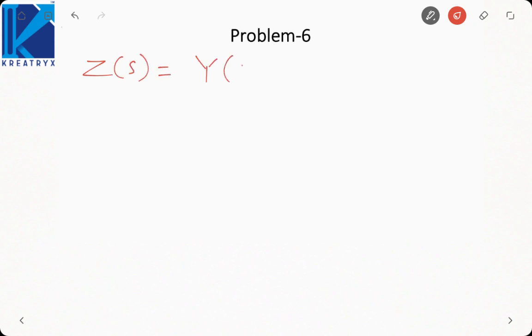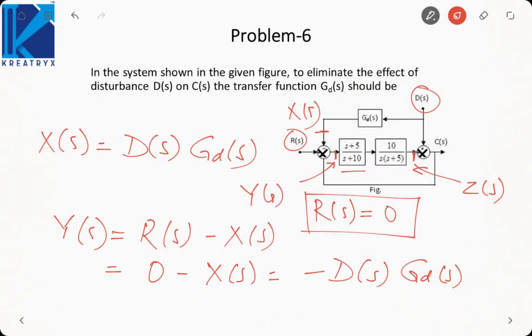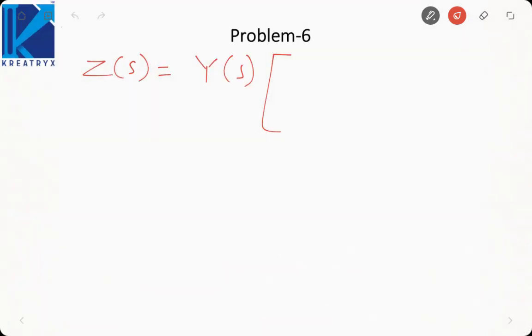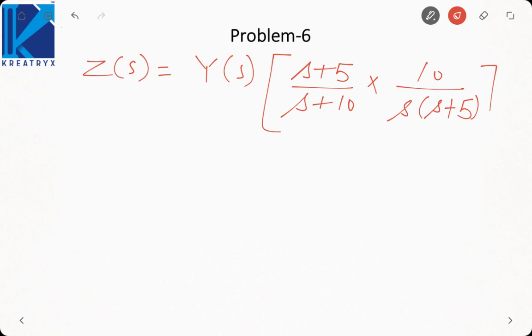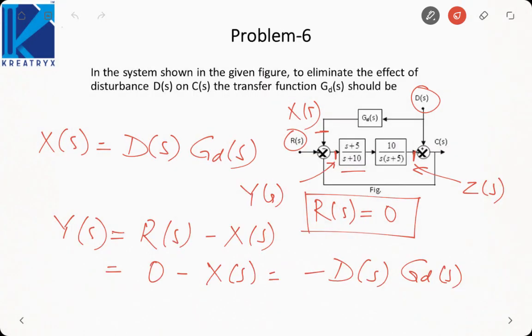So Z(s) would be Y(s) into the blocks, which were 10 upon s plus 5 and s plus 5 upon s plus 10. Since they both are in cascade, they will be multiplied. So it would be 10 Y(s) upon s plus 10, and Y(s) is equal to minus D(s) into G_D(s).